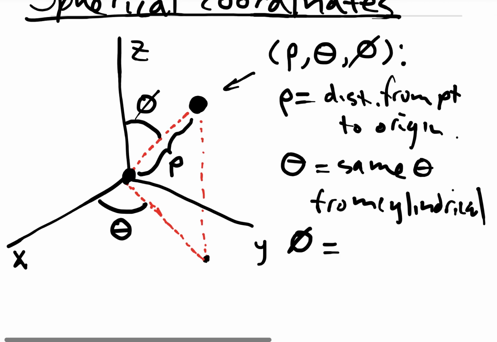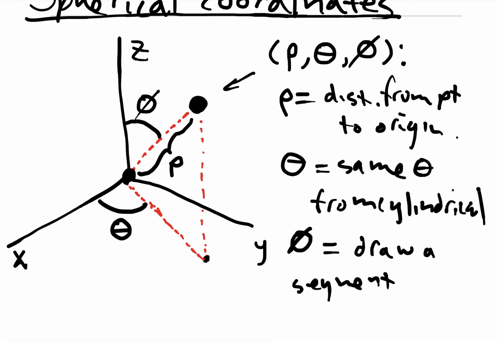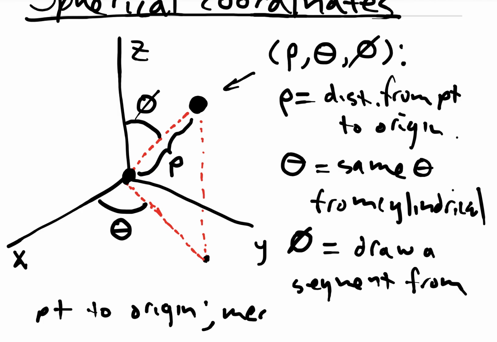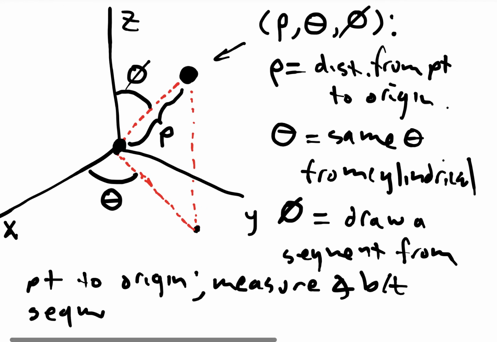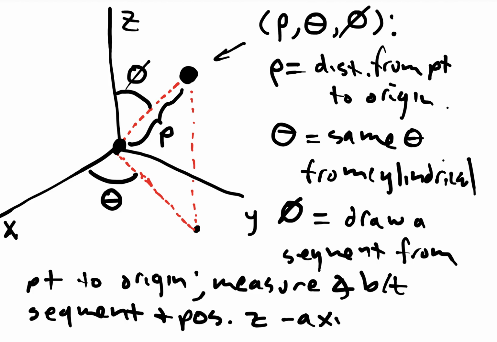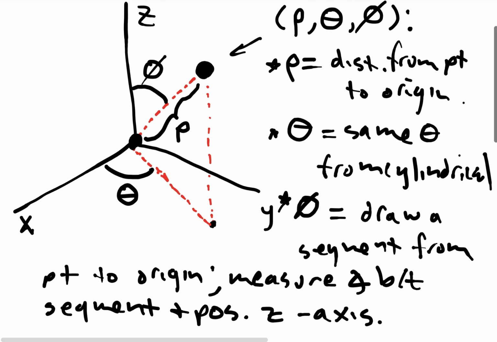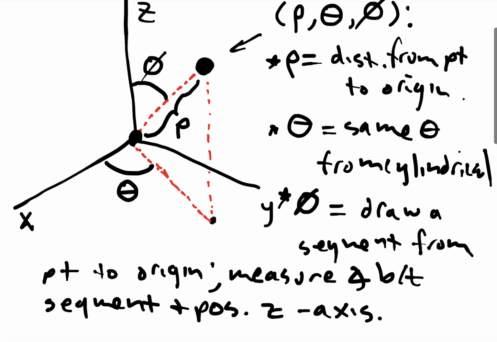I'm going to draw a segment from my point to the origin, and then measure the angle between that segment and the positive z-axis. So this is where each of my variables in this coordinate system is coming from.